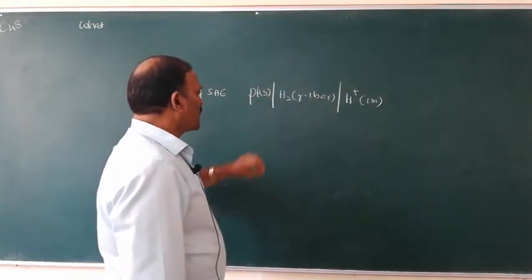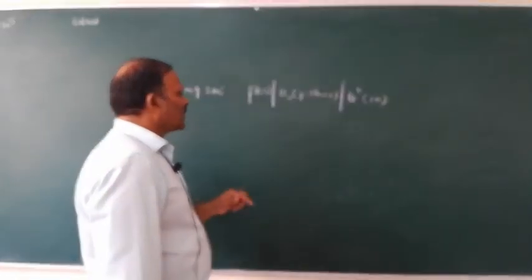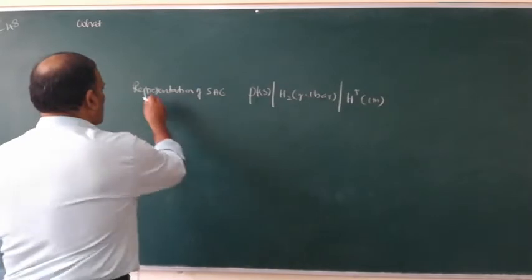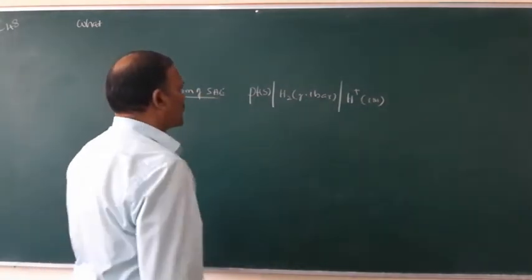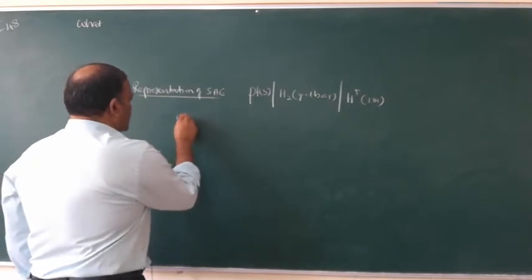So hydrogen ions accumulate on the surface of platinum in presence of platinized asbestos, rough surfaced platinum. So what is the electrode reaction?